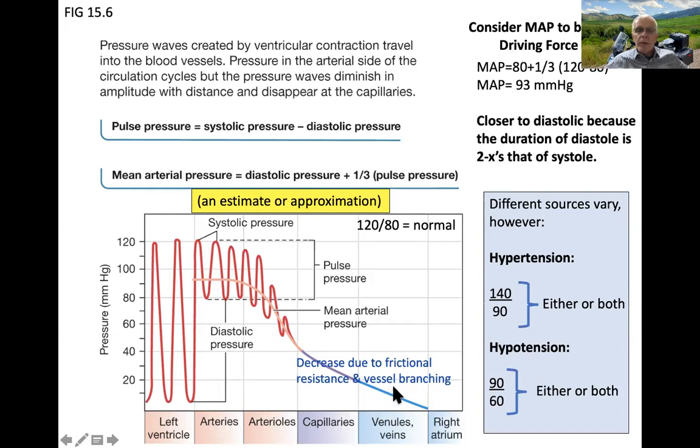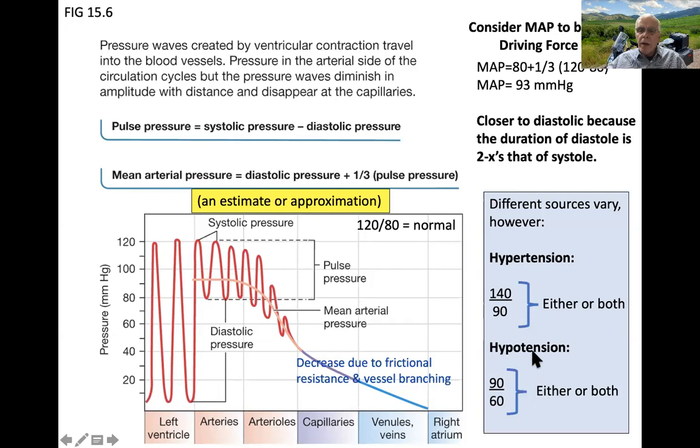Now, we're going to talk a little bit about hypertension and hypotension. And I want to point out that you pick up different textbooks and the values vary. But as an approximation, a person is sometimes considered to have hypertension when they have a systolic of 140 over a diastolic of 90, either or both of those.